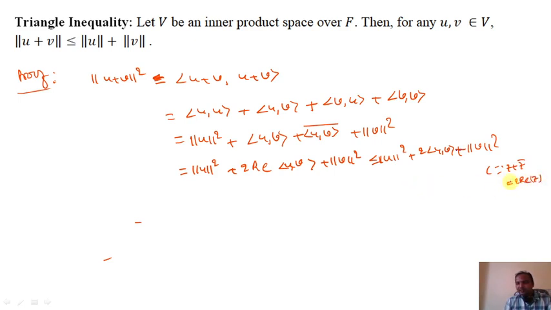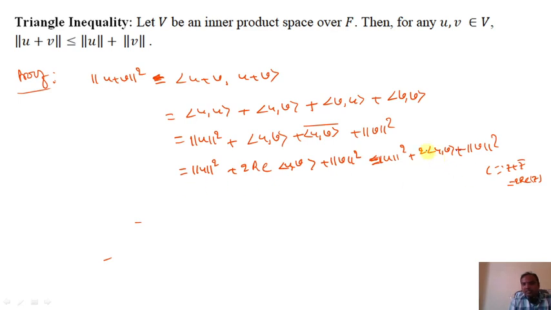But we know 2 real part of u comma v is less than or equal to 2 times mod of u comma v. Yeah, here this is equal.